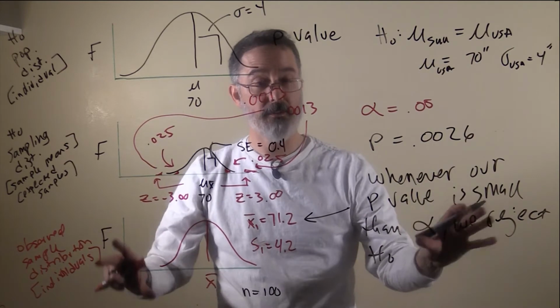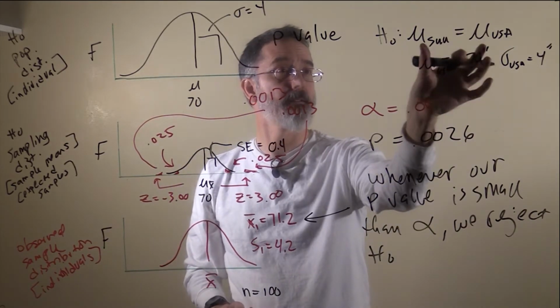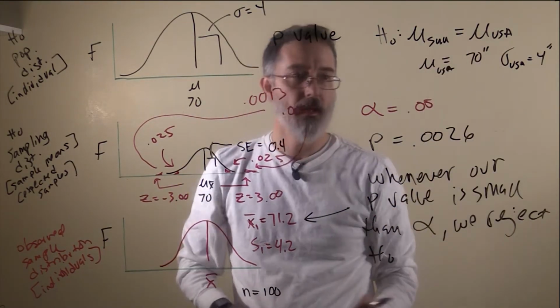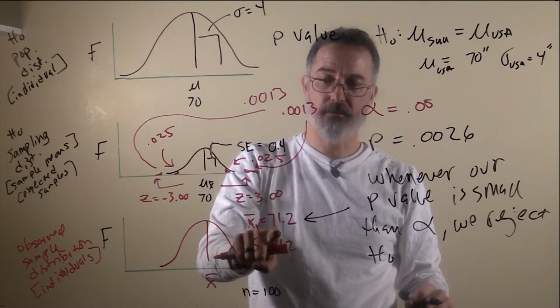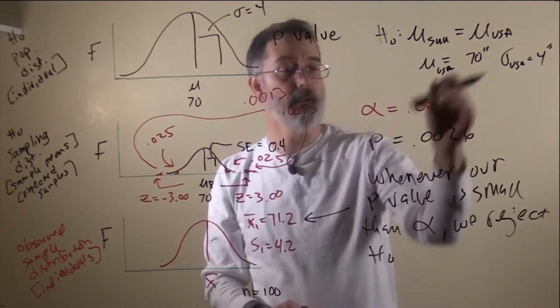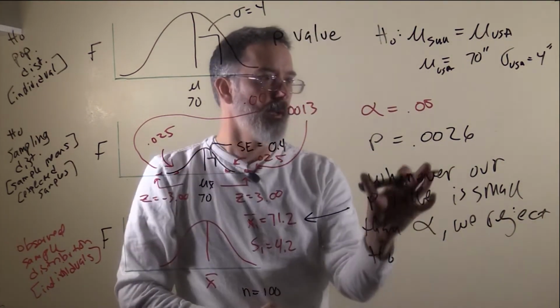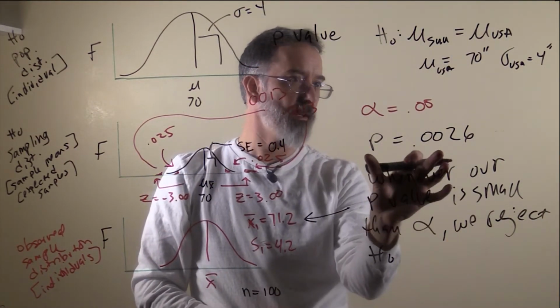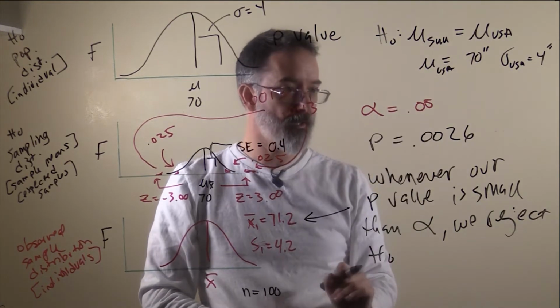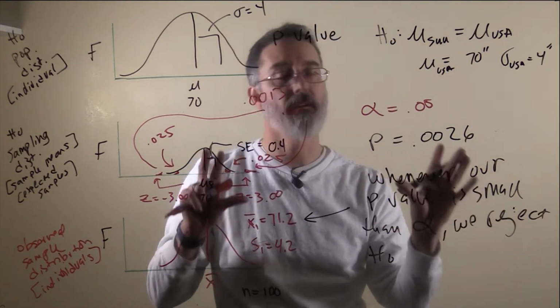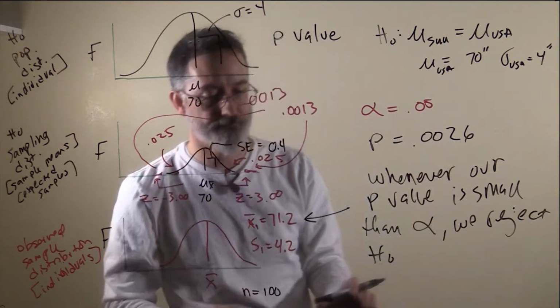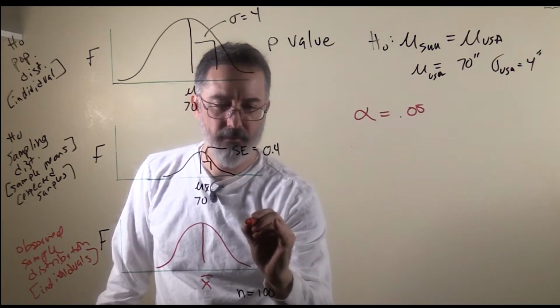So in this case, we do reject the null hypothesis that SUU men and American men are the same height. And we would interpret these results as SUU students are from a population of men that are taller than American men. If our p-value were 0.05 or larger, we would fail to reject the null hypothesis, and we would decide that our results are inconclusive. So now we'll do another example.